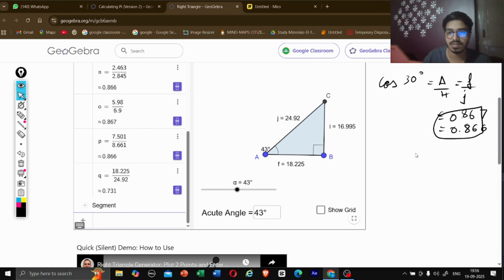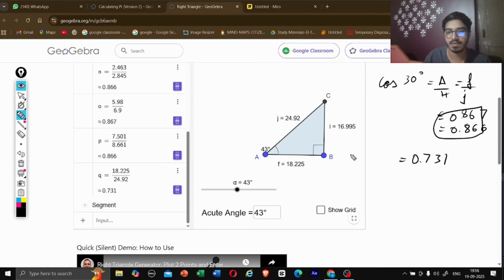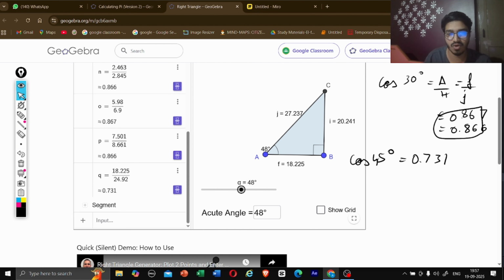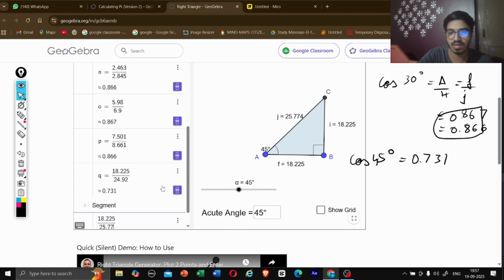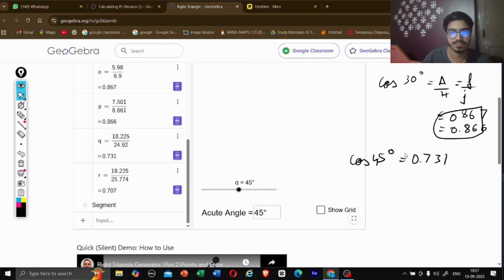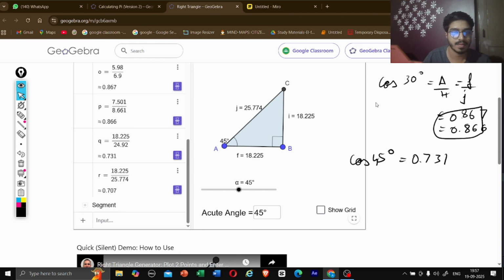Okay, sorry, this was cos 43, right? Let me take cos 45. Let it be exactly cos 45. So 18.225 divided by 25.774 gives 0.707.